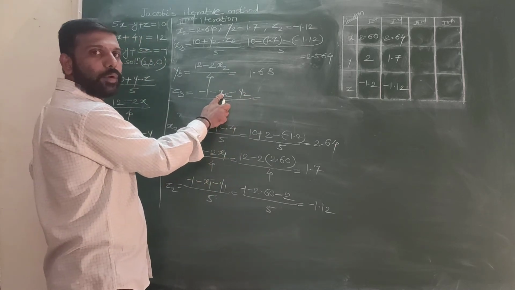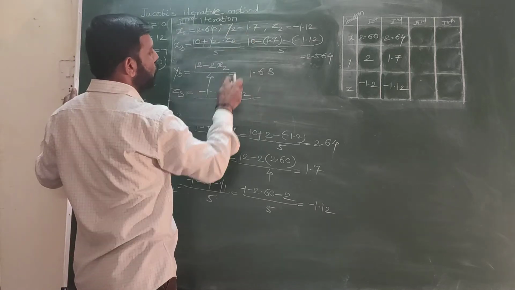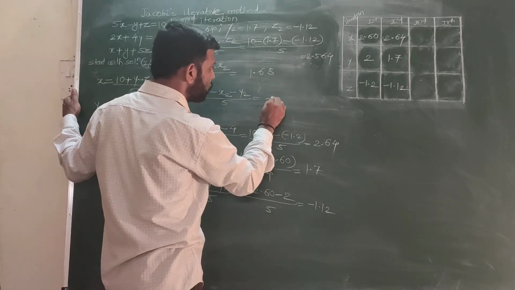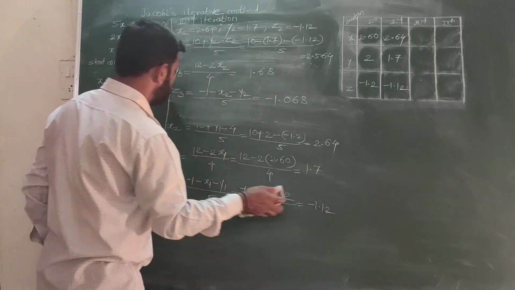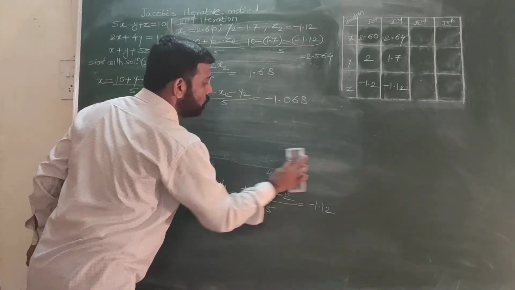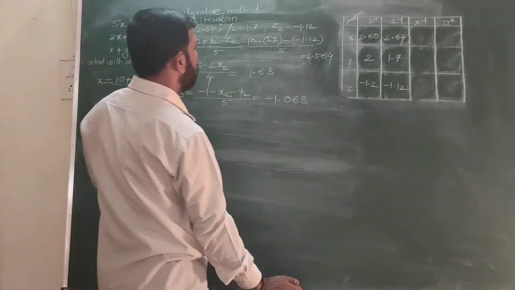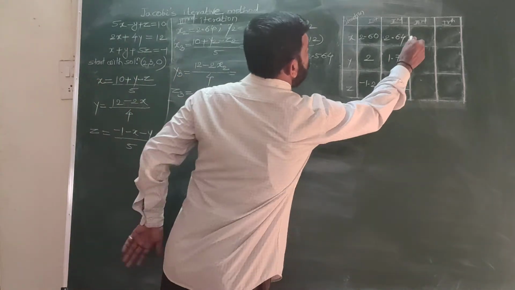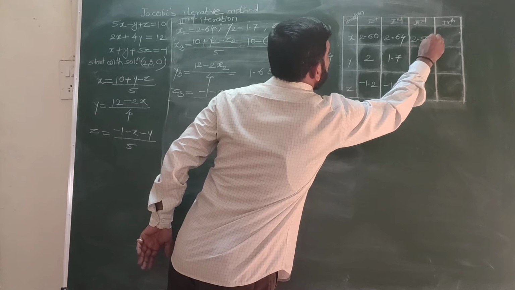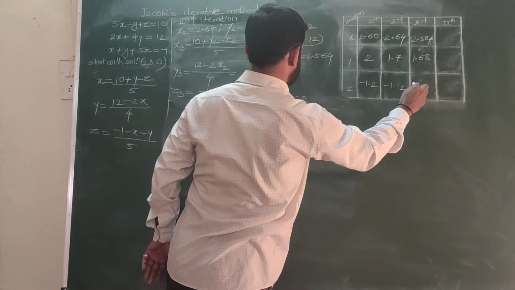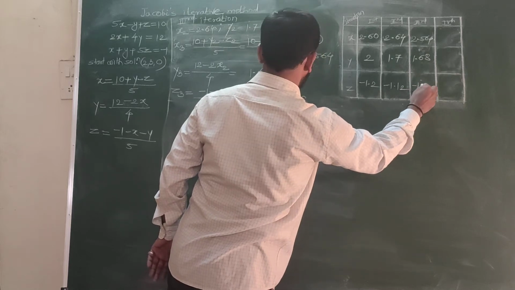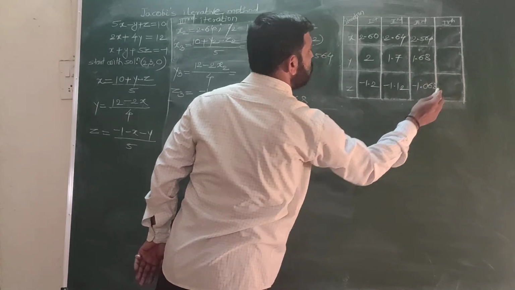Substitute the actual values of x2, y2 here. This is our third iteration. Put these values of the third iteration in the table: 2.564, 1.68, minus 1.068.